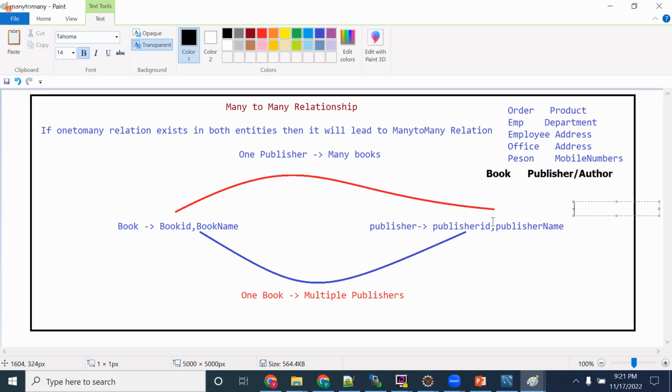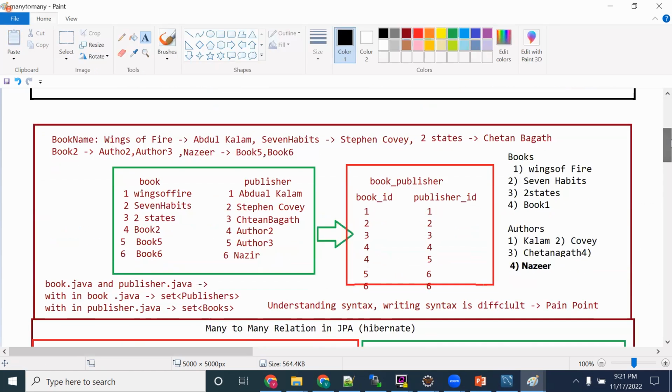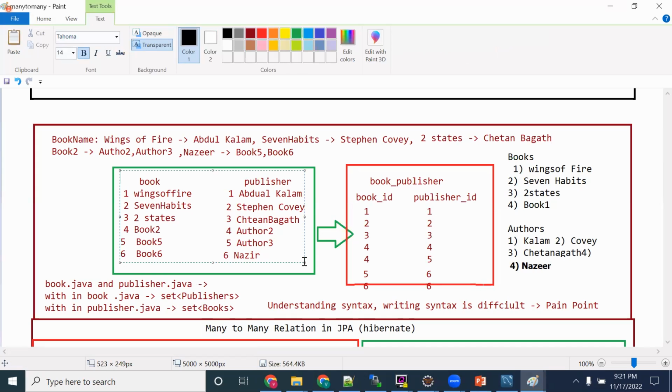So here I'm taking a simple example. This is my books data, and this is my publishers data. Books are Wings of Fire, 7 Habits of Highly Effective People, and 2 States. I only know these three books in my life.